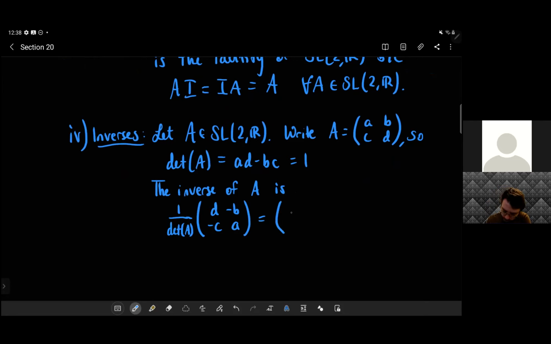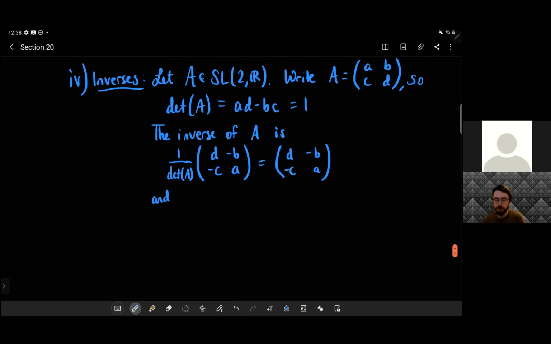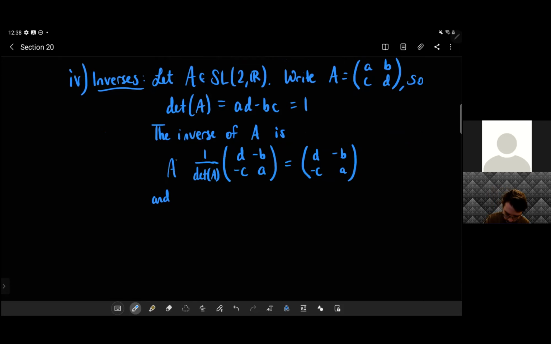So really this is just this matrix. And to prove that this inverse, let's call it A inverse, is in the special linear group, I need to show it has determinant 1. So let's calculate the determinant of A inverse.